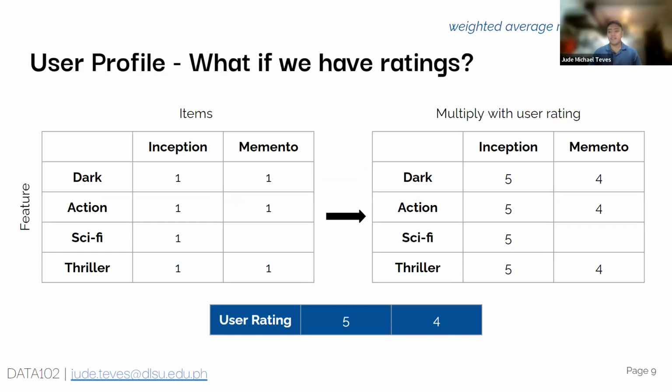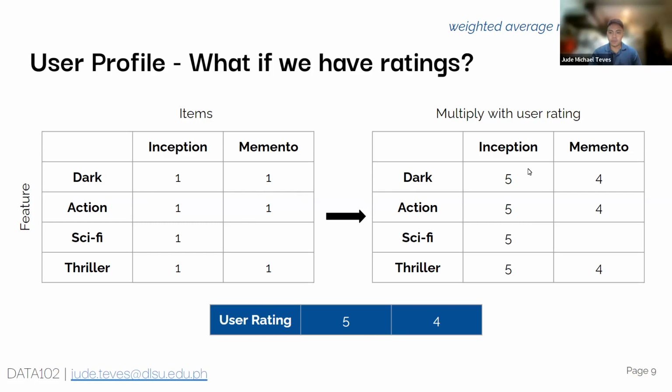What if we have ratings instead? Instead of just assuming that the user likes something because the user watched that, we now are using proper ratings. For example, if the user rated 5 and 4 for Inception and Memento, we just multiply those numbers with the initial matrix that we have.